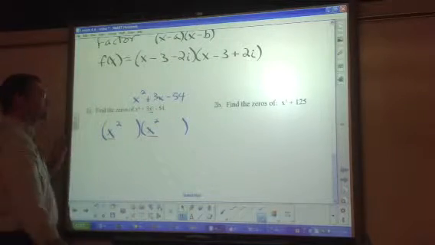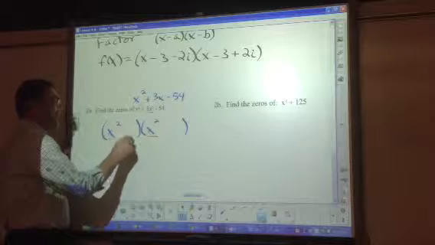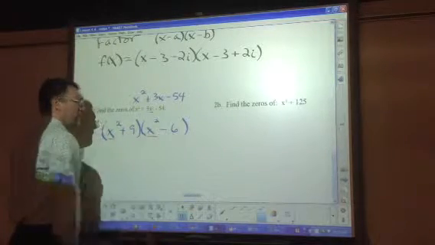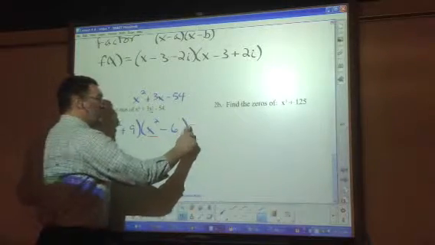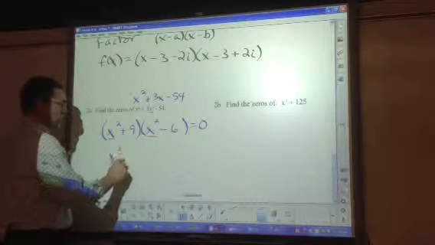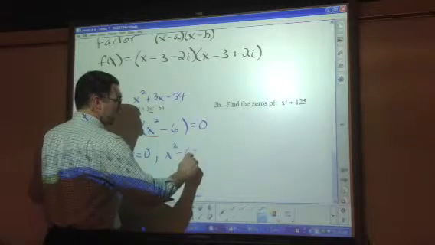So when I factor this, the factors of 54 that add up to 3 are 9 and 6, so this would be a positive 9 and a negative 6. So I set those individually equal to 0, and we would get x squared plus 9 equals 0, and x squared minus 6 equals 0.